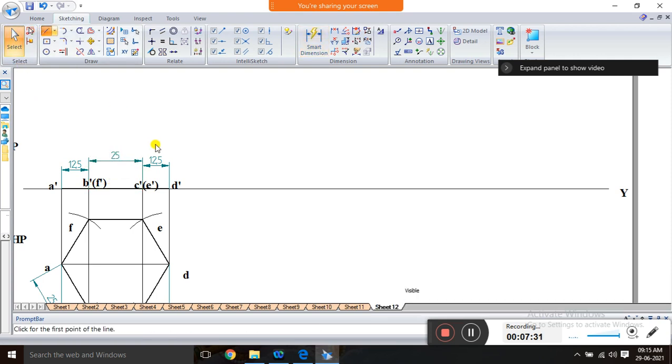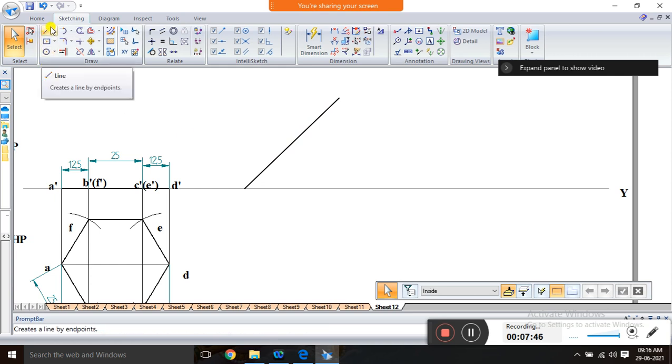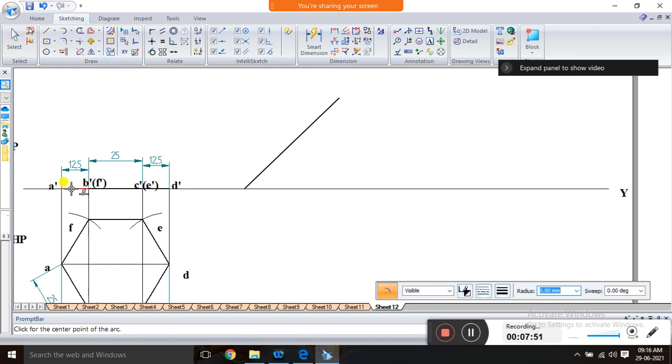Clear? So mark anywhere, and with the help of a protractor, draw the angle of 45 degree. Clear? Next, use the compass. Take the compass, place it at A dash, stretch up to B dash, then mark an arc on that 45 degree line.